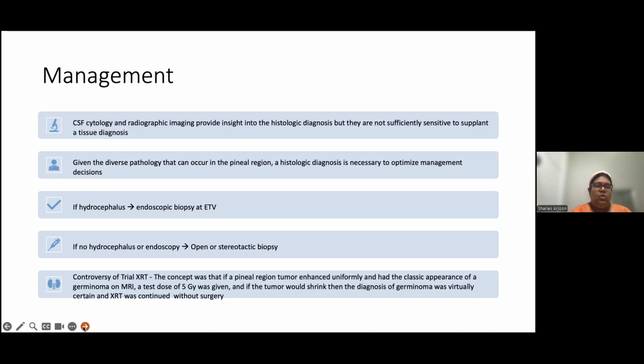With regard to radiation, there was some controversy around it, where the concept was that if a pineal region tumor enhanced uniformly and had a classic appearance of a germinoma on an MRI, a test dose of 5 grays was given. If the tumor shrank, then the diagnosis of a germinoma was virtually certain and radiation therapy was continued without surgery.